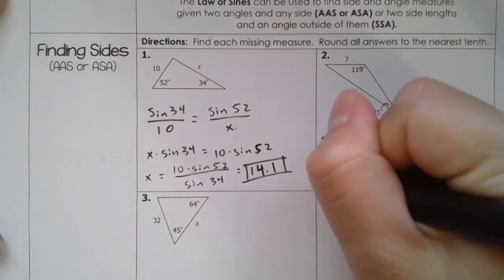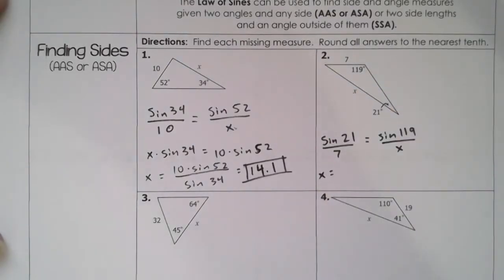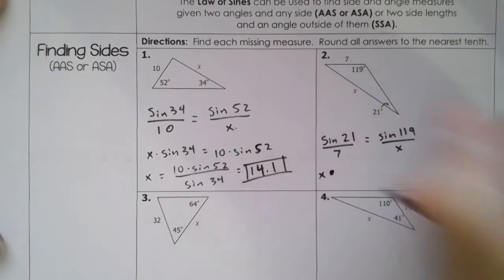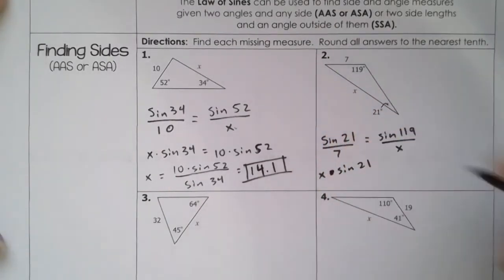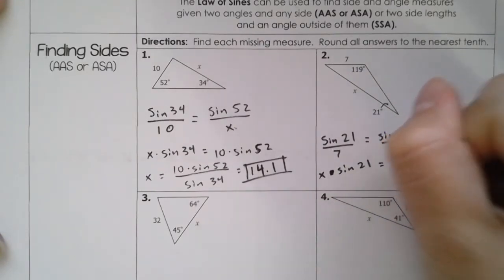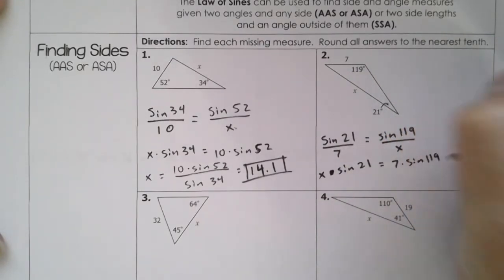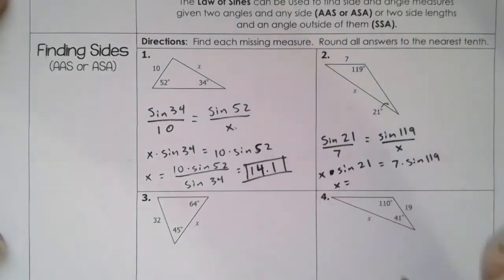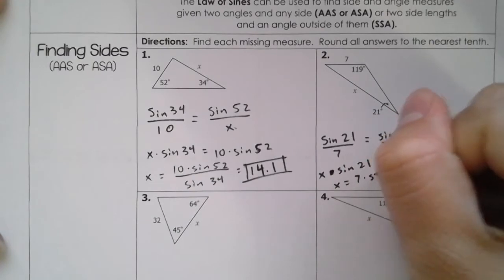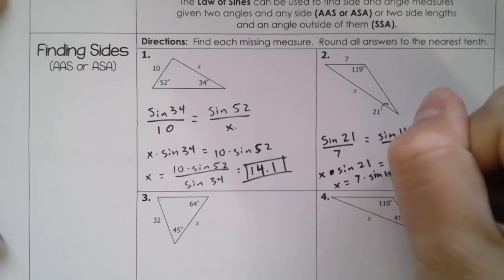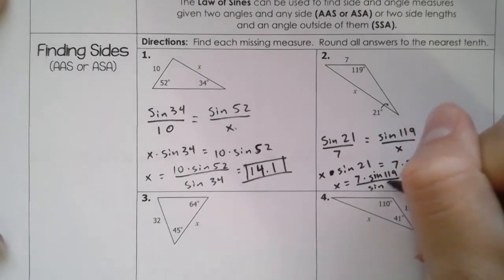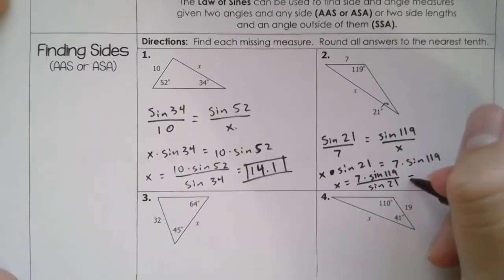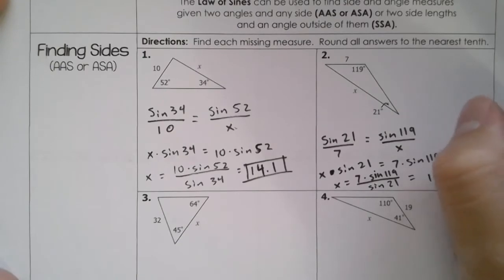Sorry, skipping a step there: x times sine of 21 is equal to 7 times sine of 119. Then you would divide both sides by sine of 21. You get x equals 7 times sine of 119 over sine of 21, and then put that in your calculator. You're going to get 17.1.